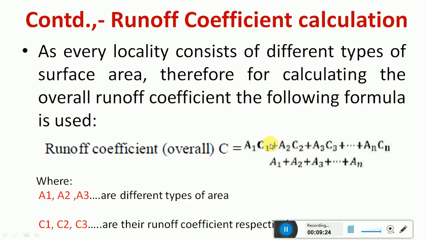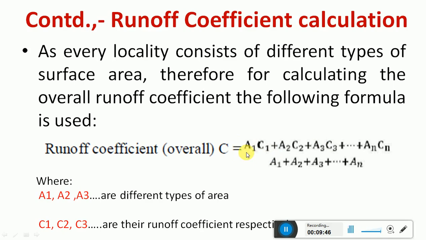Just to make you understand, let us take the example of a city with three different types of areas. Here A1 is hard rooftop pavement, A2 is plain land, and A3 is some porous forest land or open ground.